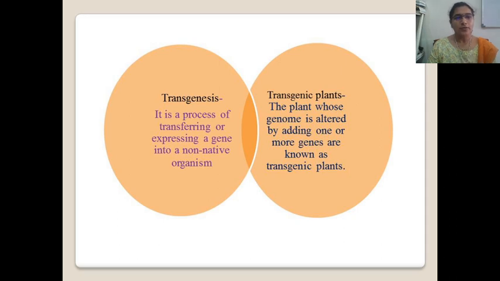Therefore, a transgenic plant contains a gene or genes that have been artificially inserted into the host organism. This inserted sequence of a gene is known as a transgene. This transgene may come from an unrelated species or a totally different species.